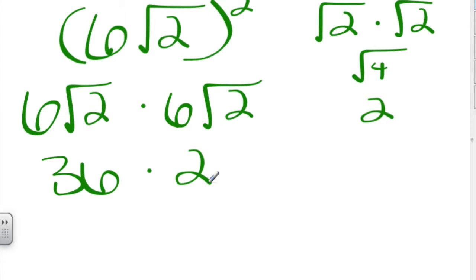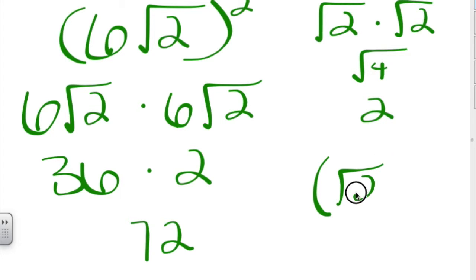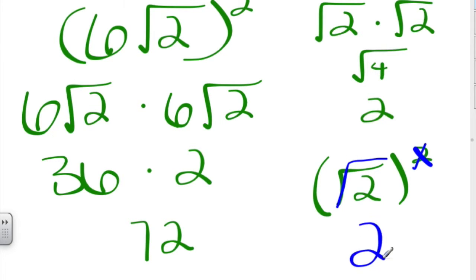So I have 36 times 2, which is 72. So essentially what I'm doing is I'm squaring the 6 and I'm squaring the square root of 2. Remember, when I square a square root, the square and the square root symbol cancel out and I'm just left with the number underneath. So that's what happened here with our square root of 2's. And then we had 6 times 6, which is 6 squared.